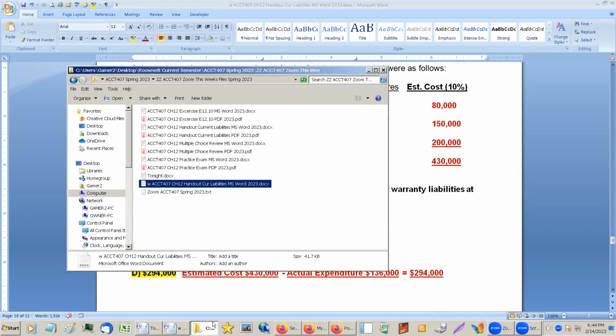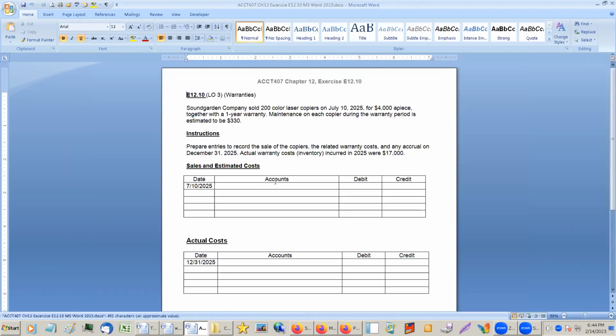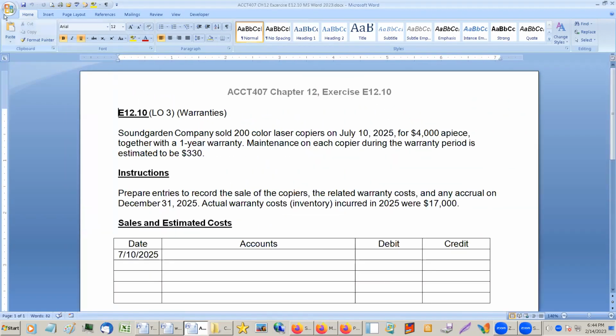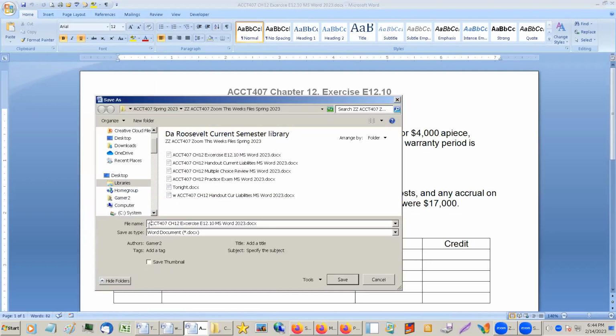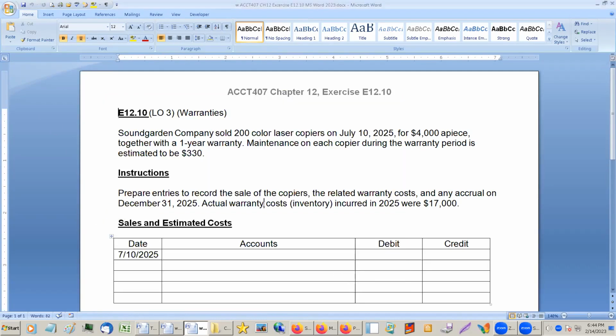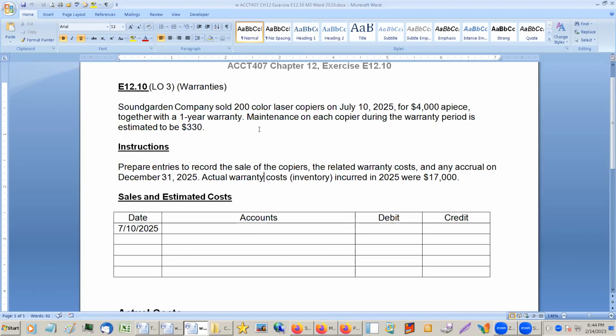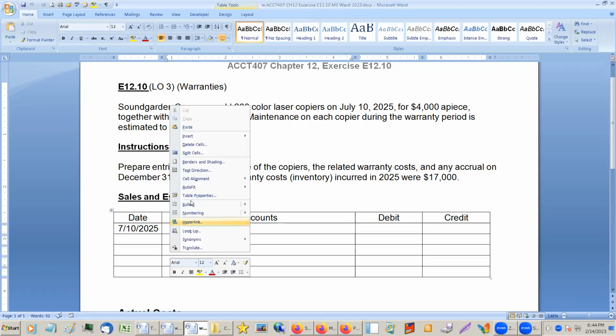The next thing let's pull up is exercise 13-12. I think I might add a row in here.